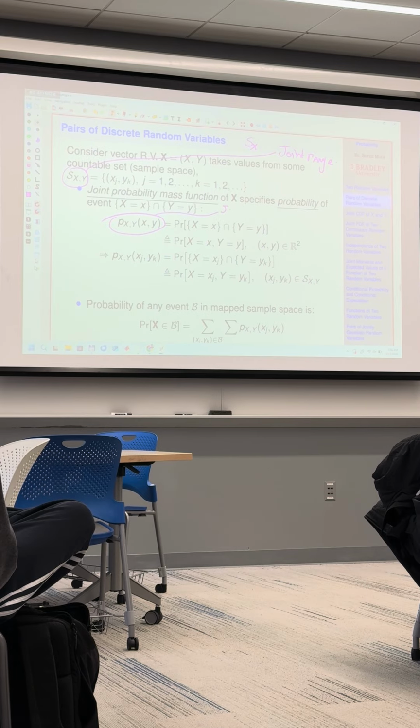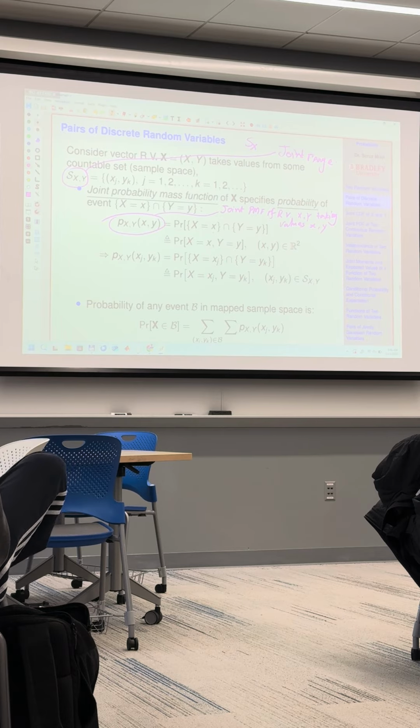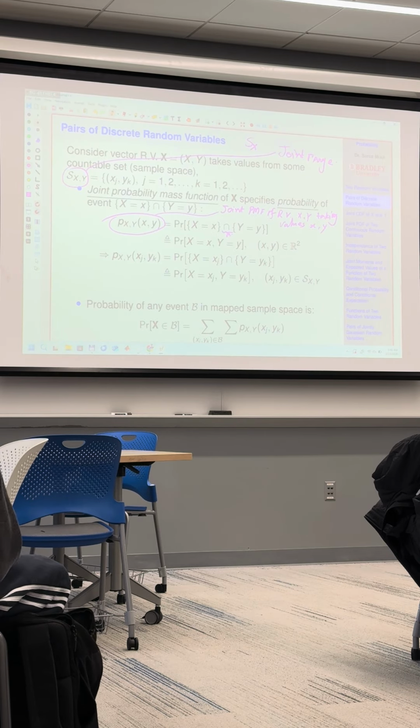So joint PMF, probability mass function of random variables x comma y taking values lowercase x comma y, equals the probability that X equals x and Y equals y.